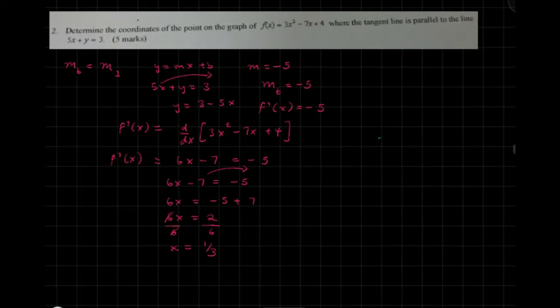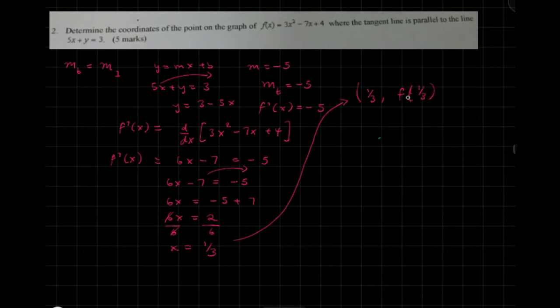Okay. So we know the value of x where the tangent will be parallel to the line 5x plus y is equal to 3. It'll have a slope of negative 5. We want to find its equivalent y value because they did ask us to find the point. So to find the y value, you're going to plug this into f of x. So our point would be 1/3 and f of 1/3.